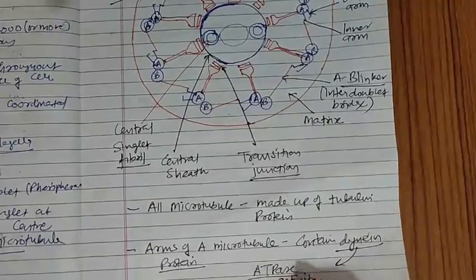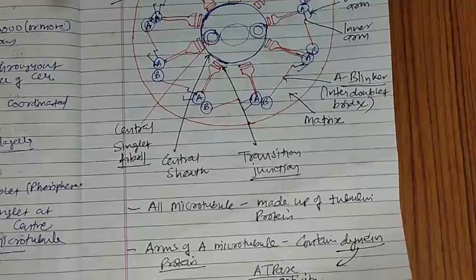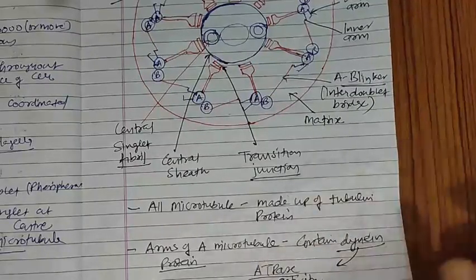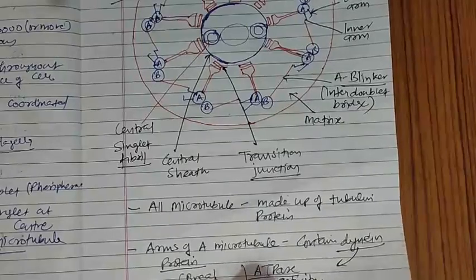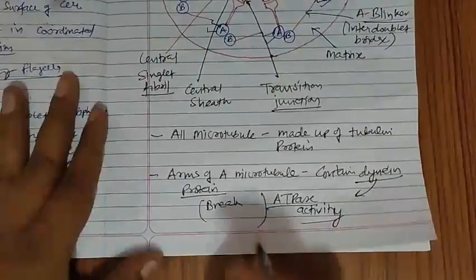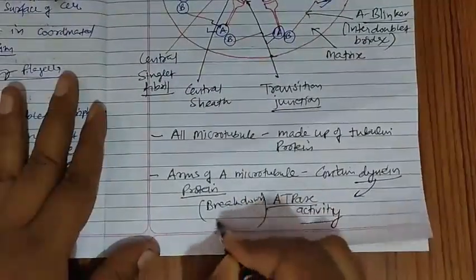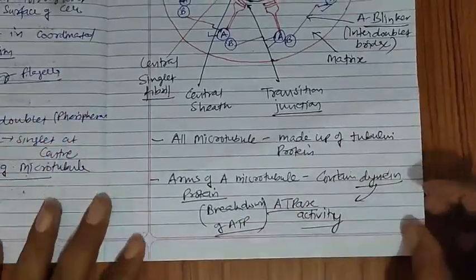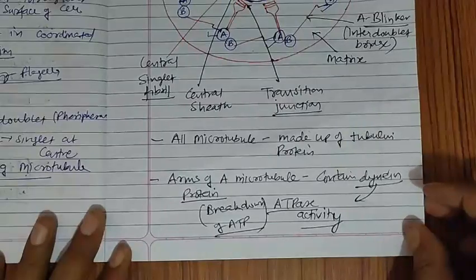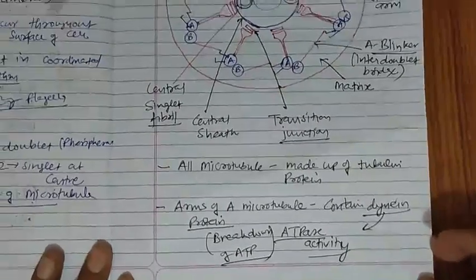So breakdown of ATP occurs, hydrolysis of ATP occurs, and energy is released which is directly used for the ciliary or flagellar movement work. Okay.